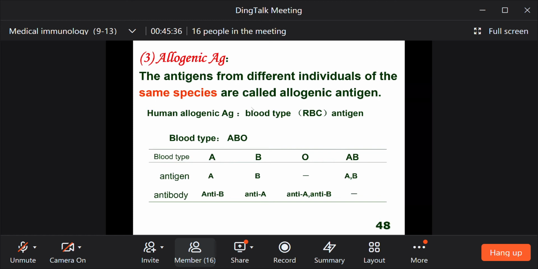Briefly, I think a short introduction will help you understand this part. For example, two persons stand here. The first one's blood type is A, and the second one's blood type is B. The first person has A blood type because he has the A antigen.